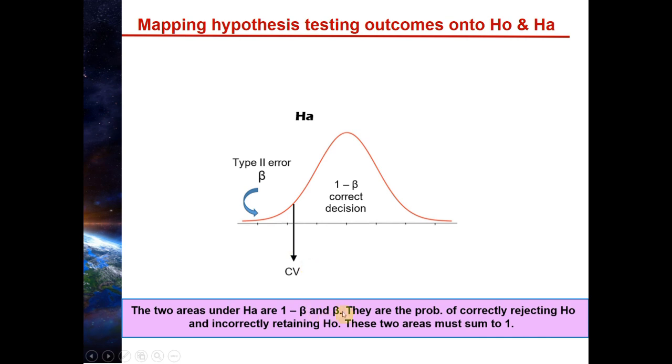This is just a reminder down here of the two areas under HA. They are the probability of incorrectly rejecting H0, so that would be a type 2 error, and the probability of correctly rejecting H0, and that would be 1 minus beta. The two areas have to sum to 1. Now let's look at them overlapping.